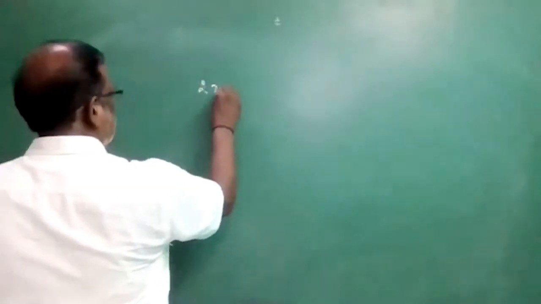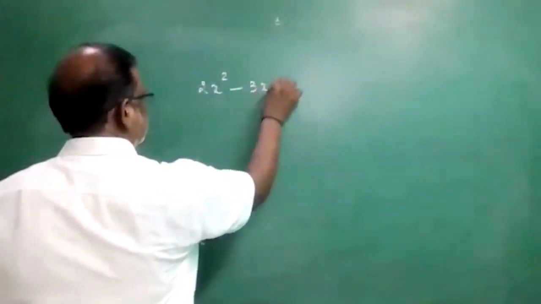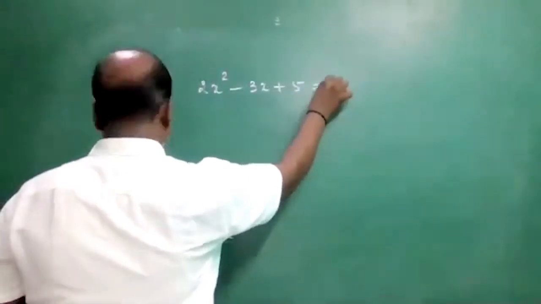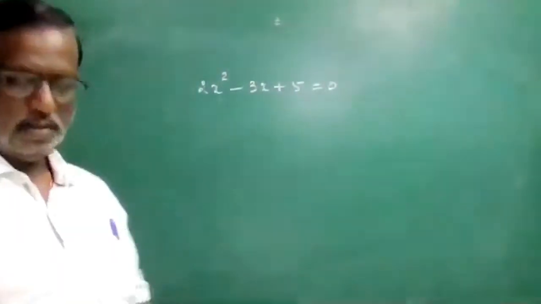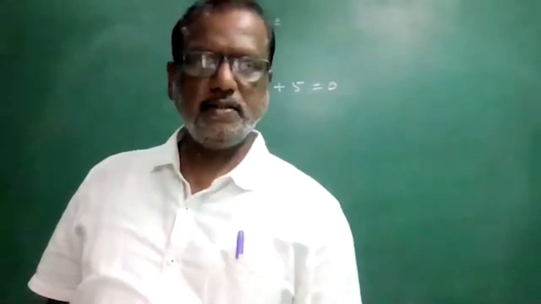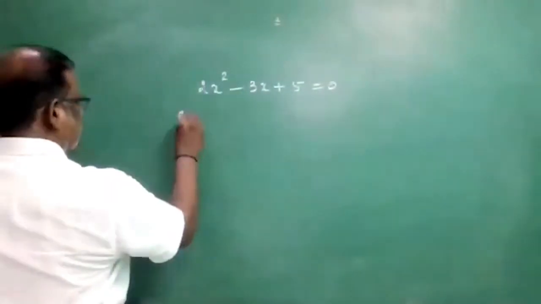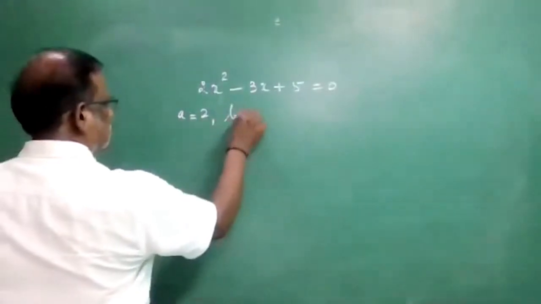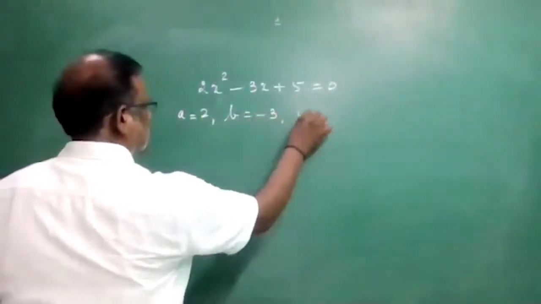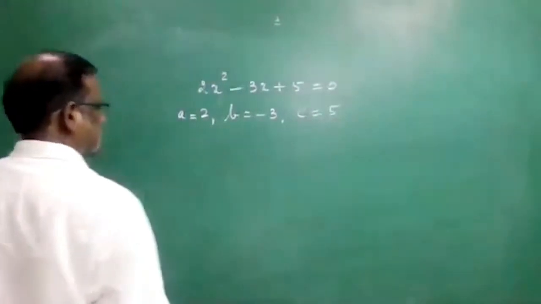So 2x square minus 3x plus 5 is equal to 0. If the real root exists, we have to find them, otherwise no. A is equal to 2, B is equal to minus 3, C is equal to 5.